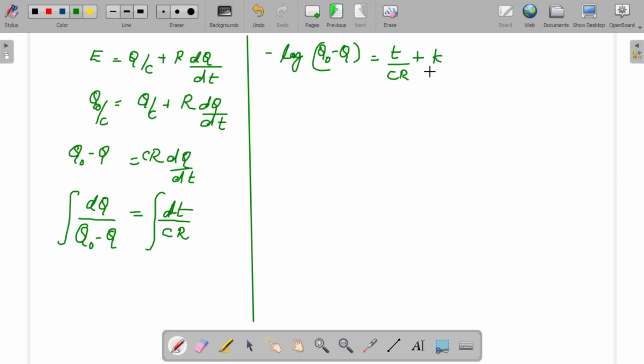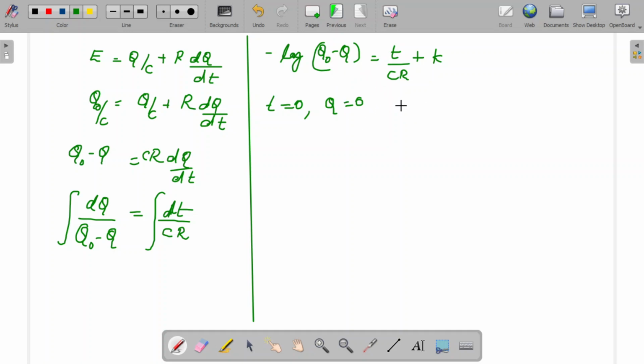Now how do you find the constant of integration? Yeah, we put t equal to 0. At time t equal to 0, Q also has not developed, so I can say Q is equal to 0.